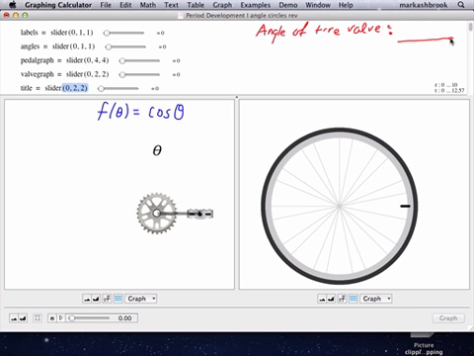That's what we're asking here, and then part D. What expression of theta would give us the tire valve angle? We want the angle that's turned by the tire valve as a function of theta, the pedal angle.